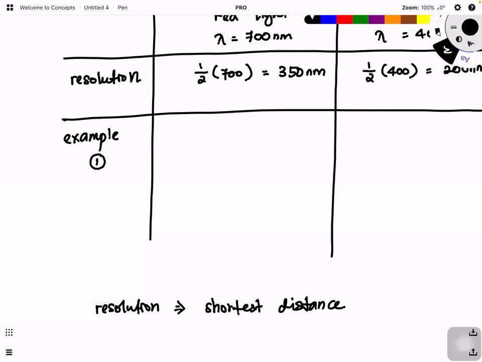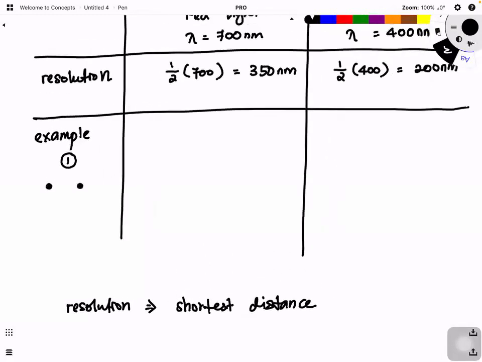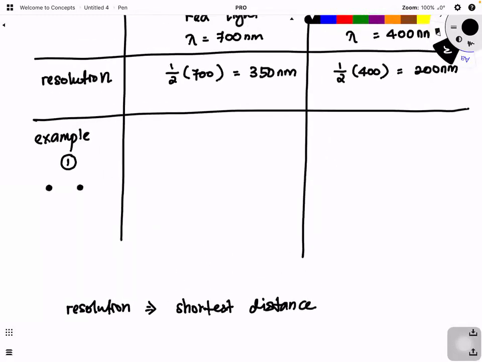In the first example, if the distance between these two objects, let's say, is 500 nanometer, okay, the distance between these 2 points is 500 nanometer.